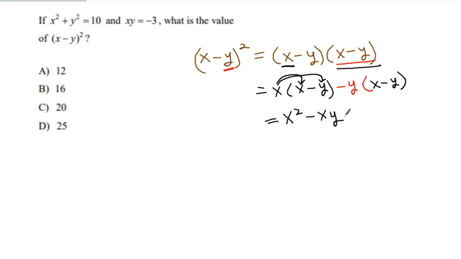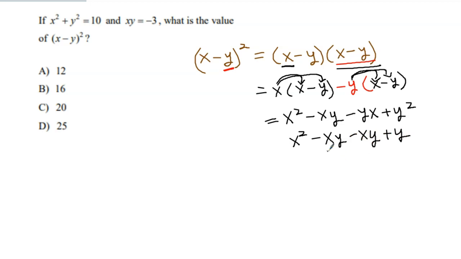Negative times this one is going to be negative yx. Negative negative becomes positive y squared. Here, using the commutative law, it is the same as that. These are like terms, so we combine them. I'm taking you through the basics so that you can see all that. Now you have all the components that you need.